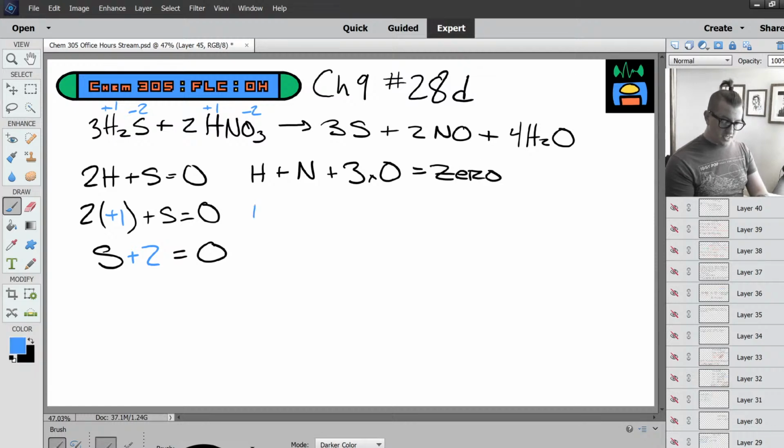So we have a +1 plus nitrogen plus 3 times -2 equals 0.